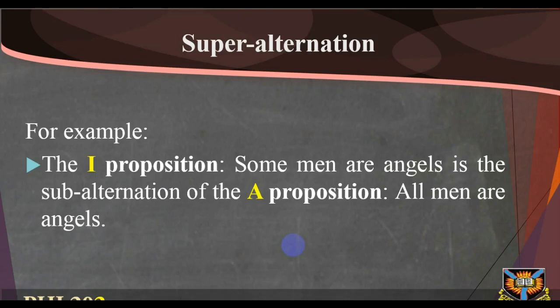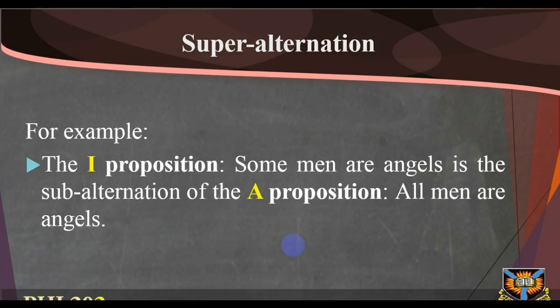From this, we can infer rightly that if the A proposition is true, then the E proposition will be false. And when the A proposition is false, the E proposition will be undetermined. The reason for this is that, as you have learned in this session, A and E propositions are contraries. They cannot both be true, but can both be false.